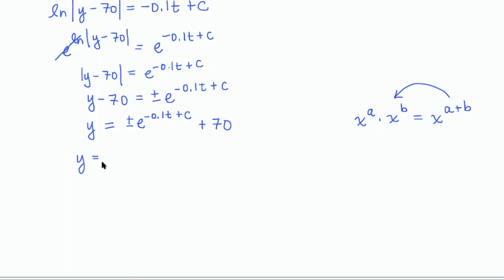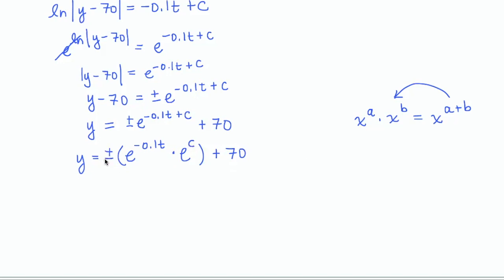I will have this plus or minus in front. I will split this into these two terms. Now, why would I do that? Well, the reason for that is this e raised to the c power is a number raised to a number. So it itself is just a constant.